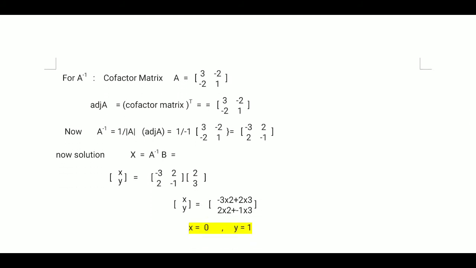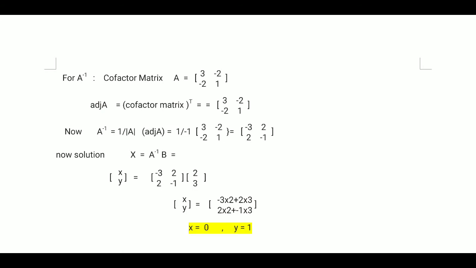Now the solution is X = A inverse B. So X will be replaced by the elements x, y, A inverse will be replaced from above, and B will be replaced by its value. So the unknown matrix x, y will be equal to, multiplying these two matrices, we get the values. You will apply the row-column rule. Row element -3 will be multiplied by first column element 2, plus 2 will be multiplied with column element 3.